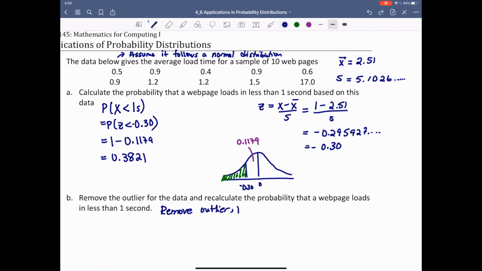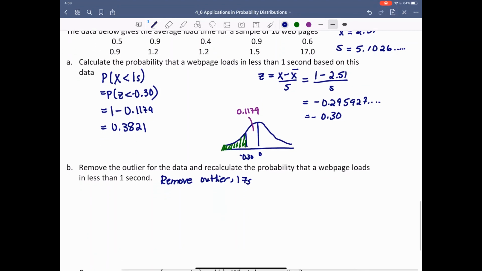So you should actually grab your calculator now, type in all the data again, make sure you do not type in 17 seconds, and you'll find that the mean is 0.9 seconds, and the standard deviation is 0.360555128, and we want to recalculate the probability that it loads in less than 1 second. So we recalculate our z-score.